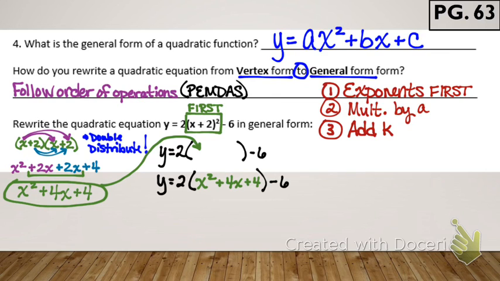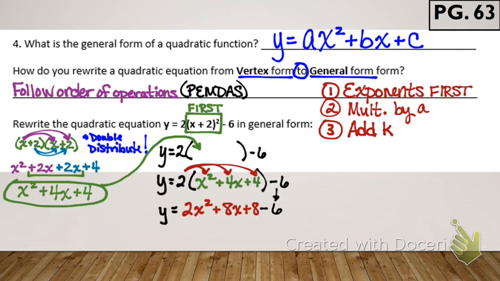So I only multiply these pieces by a, not that minus 6 on the end. So I'm going to take this 2. It gets distributed. So I would have y equals 2x squared plus 8x plus 8. I bring down this minus 6 on the end.